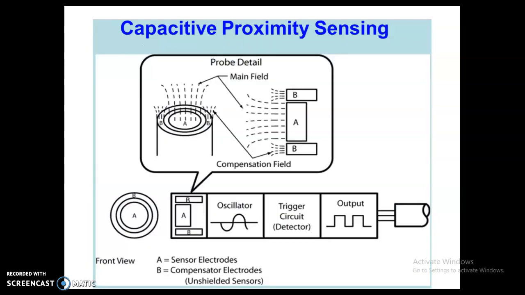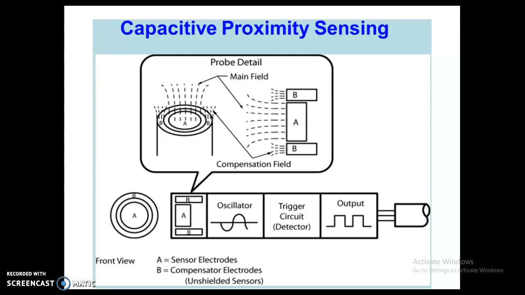So this is the figure of the capacitive proximity sensor. You can see that similar to the other sensor, here also it has got 4 units. One is the facing surface of the proximity sensor, which will have a sensor electrode and two compensator electrodes in the case of unshielded sensors.